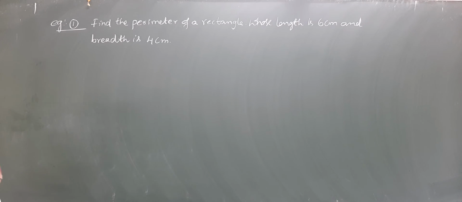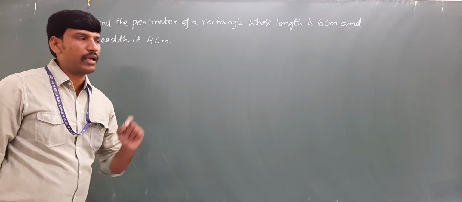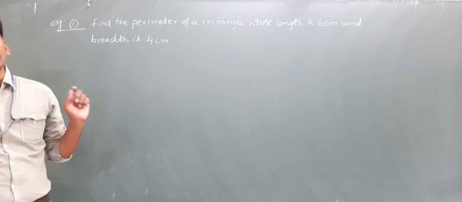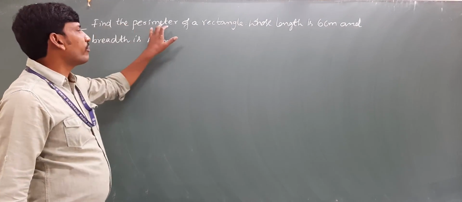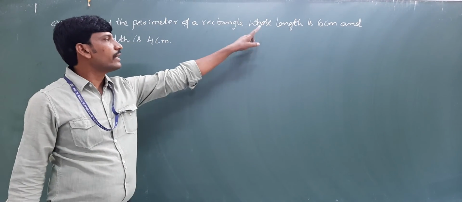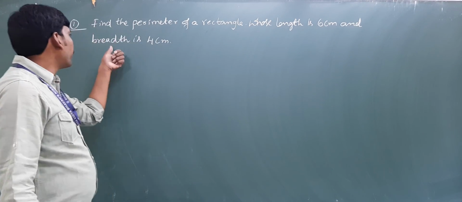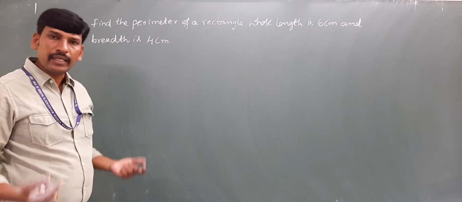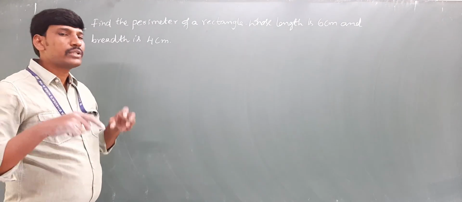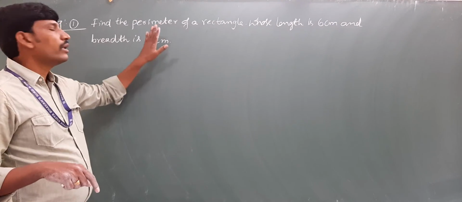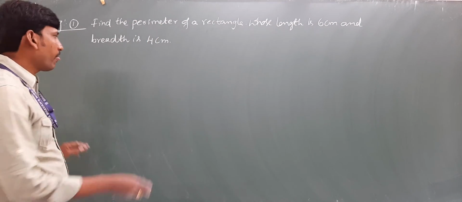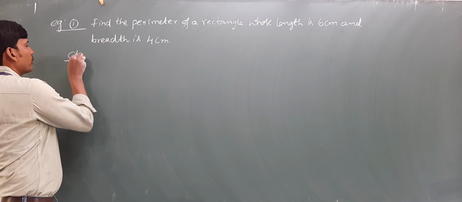Now children, let us discuss a simple example based on the perimeter of a rectangle. See this here. Find the perimeter of a rectangle whose length is 6 cm and breadth is 4 cm. Then what is the perimeter? Okay, let us discuss it. Solution.